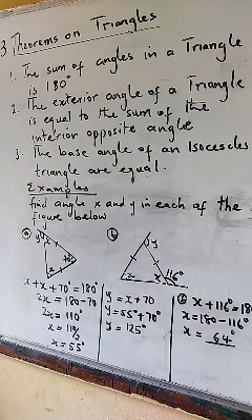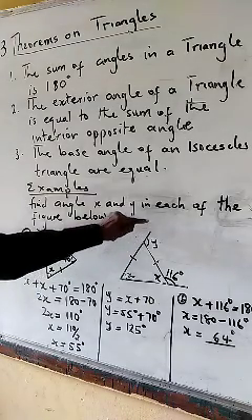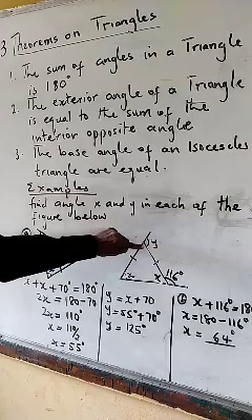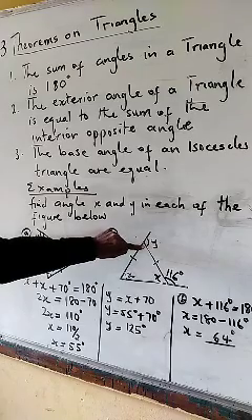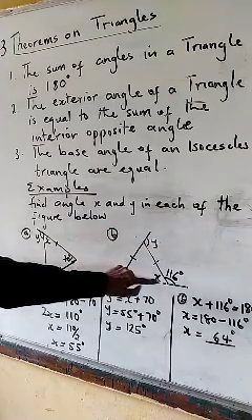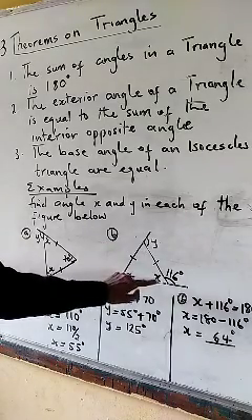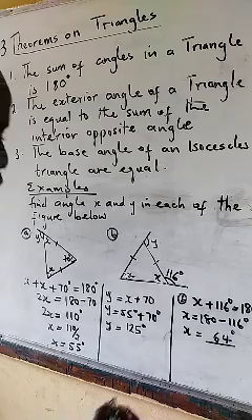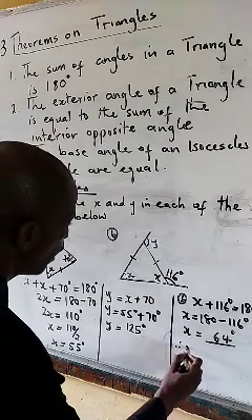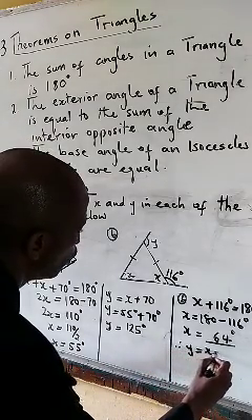Now after you get your x, you look at your y. How do you get your y now? Y is the exterior angle. This is the interior. We are not concerned about this. We are concerned about the other two, this and this, which are x and x. That shows that if you add x and x together, you get your y. Therefore, y equals x plus x.